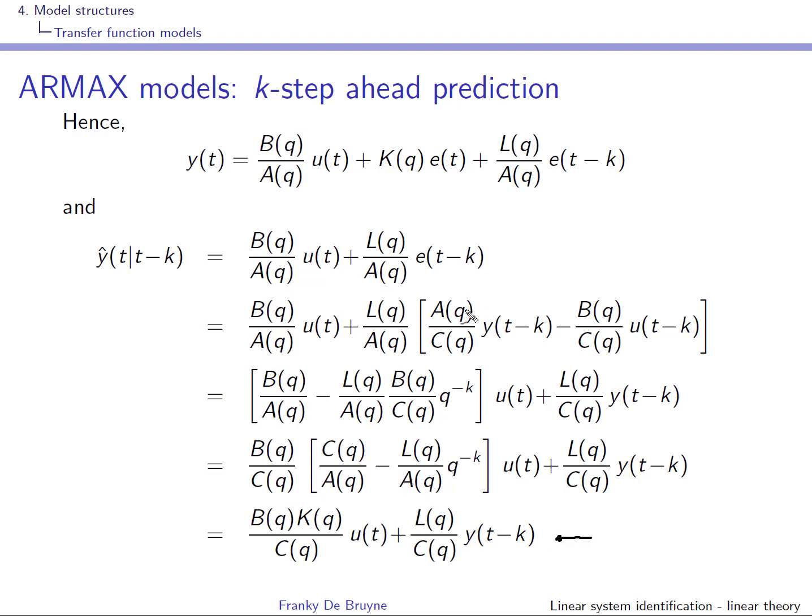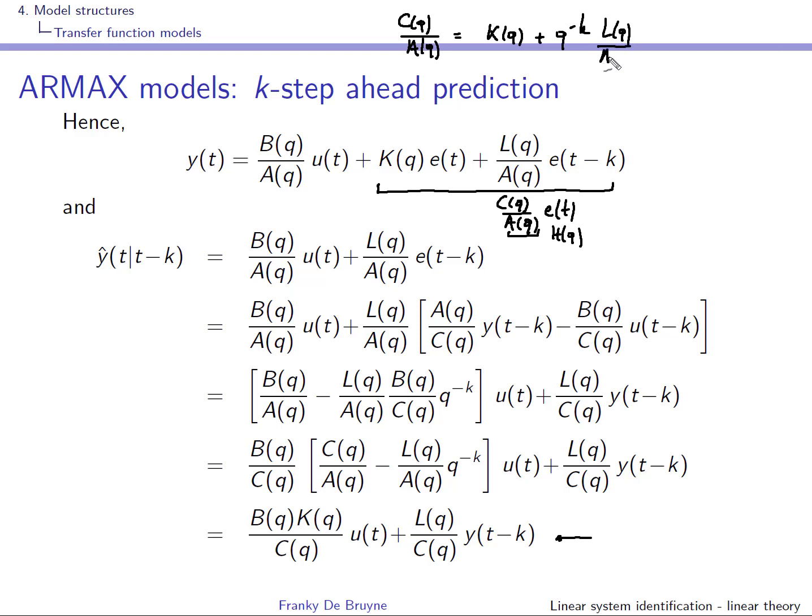Well, another way to obtain this k step ahead prediction is as follows. Remember that this is really the decomposition of C(q) over A(q) e of t, and this is H of q over here. So this is coming from the decomposition C(q) over A(q) is equal to K(q), a polynomial, plus q to the minus k L(q) over A(q).